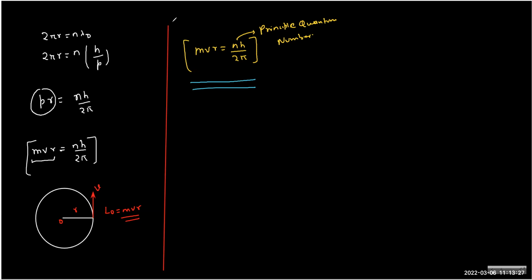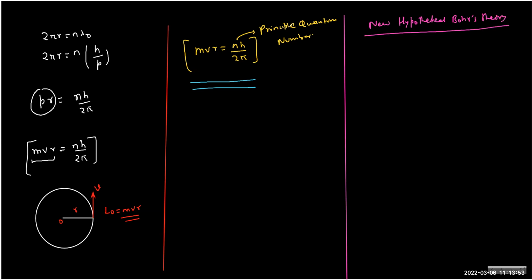Let's say I'm trying to create a new Bohr theory in which the atom concept is removed because this is just hypothetical. So in my new hypothetical Bohr's theory, which I'm creating, or JEE will create.